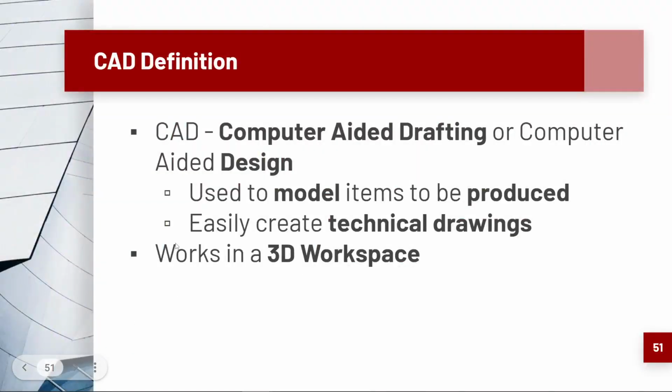Okay. So what is CAD? CAD stands for two different things. Both are true: computer-aided drafting and computer-aided design. We're using this to model items to be produced. All those technical drawings that we made before by hand, this does pretty automatically. It makes it so much easier, so much more detailed. This is a good thing for us.